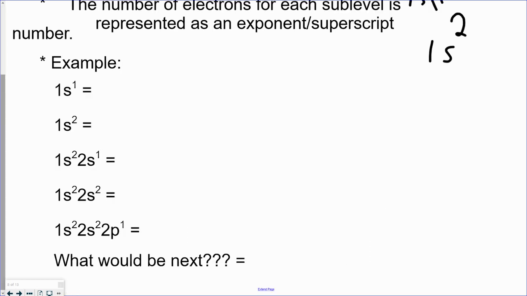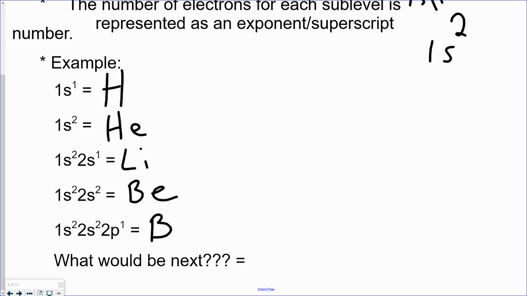So, example, 1s1, well, that's hydrogen. 1s2, that's the second element in the first energy level, that would be helium. 1s2, 2s1, that would be lithium. 1s2, 2s2 would be beryllium. 1s2, 2s2, 2p1 is boron.